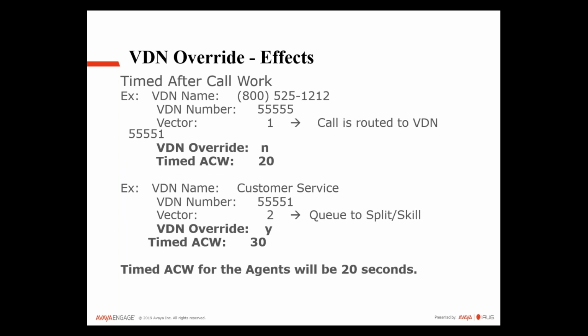Timed after call work is another example of what would happen. So here, the active one, timed after call work will be 20 seconds, because the call comes in and then customer service asks the main, and main says no, so the main's after call work is going to override the timed after call work on customer service.